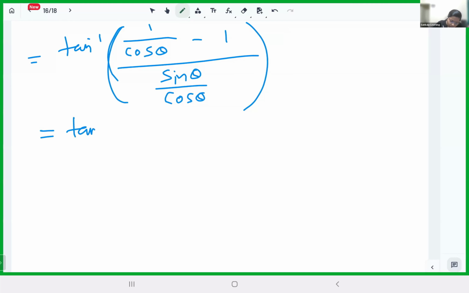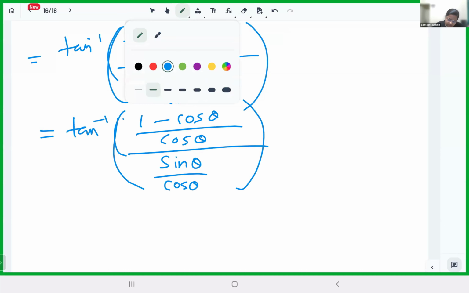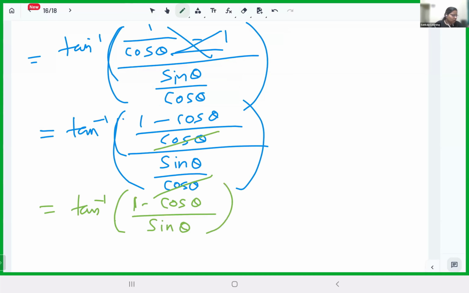By cross multiplying, you will get 1 minus cos theta divided by cos theta, and sin theta by cos theta. If I cancel these cos theta and cos theta, it will be tan inverse of 1 minus cos theta by sine theta.